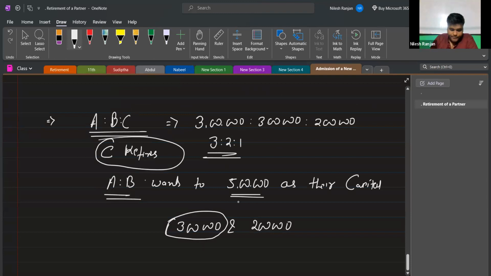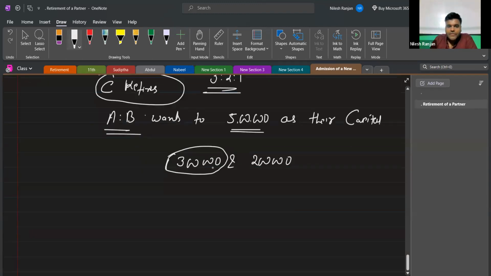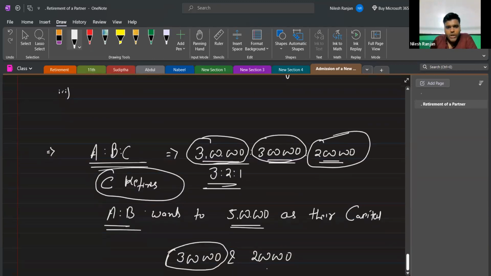Let's say these are their adjusted capital after all adjustments. C retires, so he will take his capital. There is no problem with that. After that, A and B's adjusted capital was 3 lakh and 3 lakh, but the new capital should be 3 lakh and 2 lakh. Is there any difference in their old and new balance?